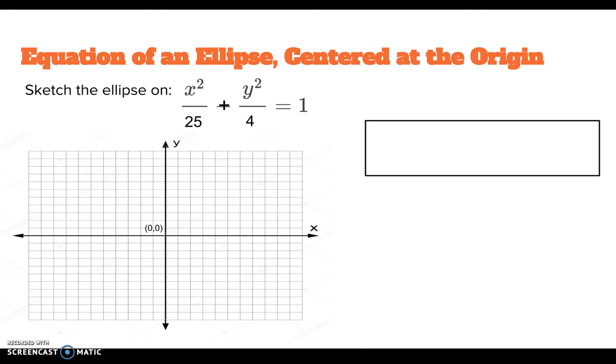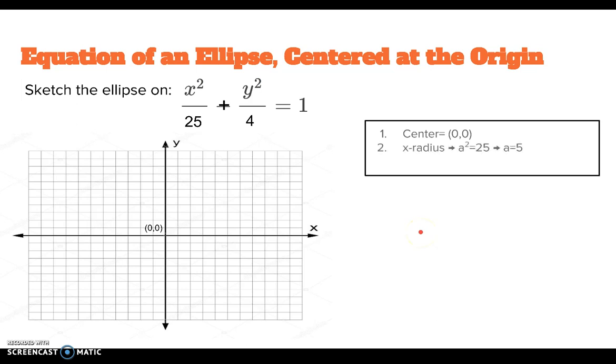So let's sketch the ellipse x squared over 25 plus y squared over 4 equals 1. We know that the center is 0, 0, as it's centered at the origin. So the origin is this point here.